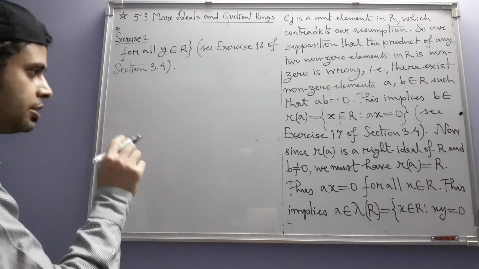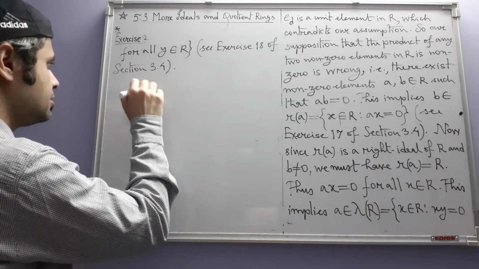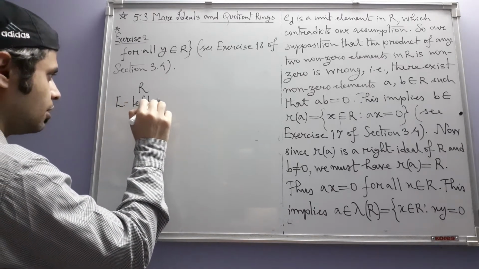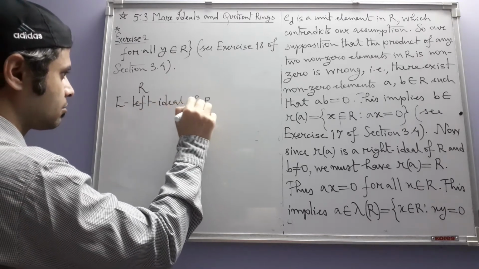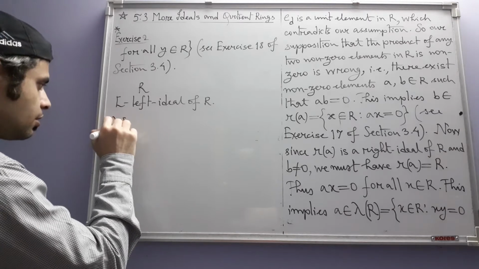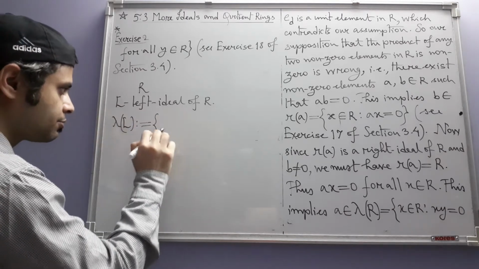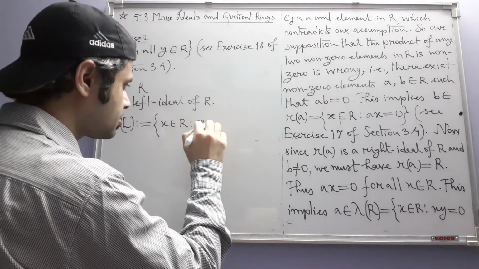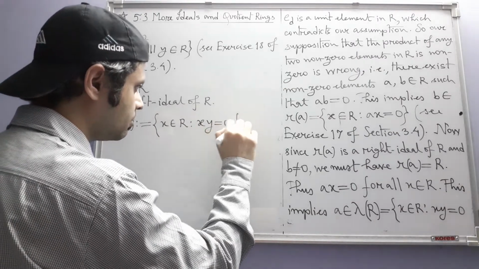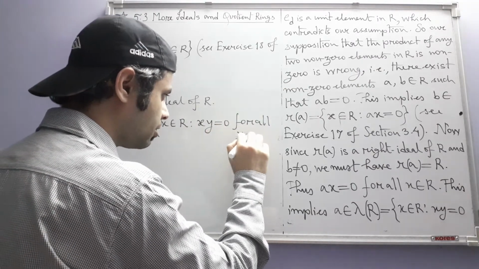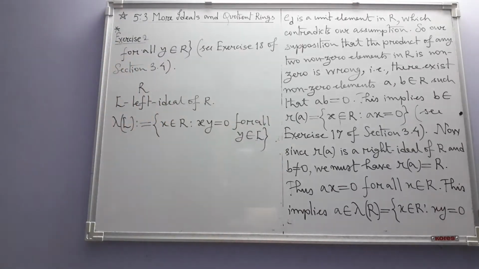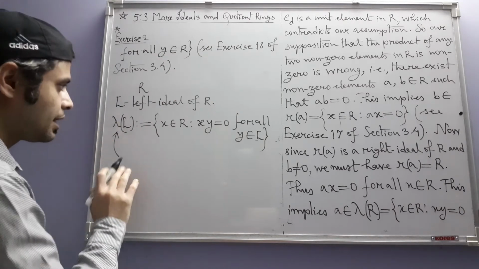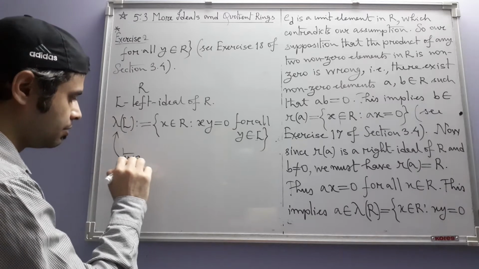You see, the original exercise was this: R is a ring and L is a left ideal of R, and lambda L was defined to be the set of those elements x belonging to R such that xy is equal to 0 for all y belonging to L. And it was proved in this exercise that this is an ideal or a two-sided ideal.